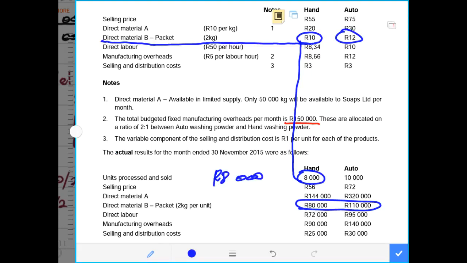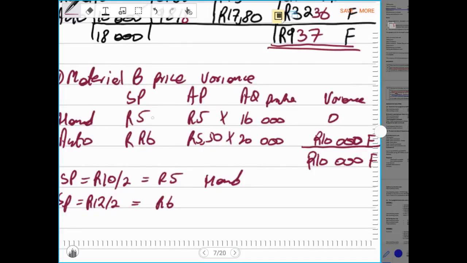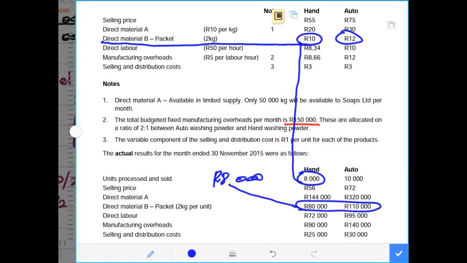That will be the standard cost. Then we say 80,000 minus 80,000, the variance will still be 0, and we can see the variance here was 0 too, which is 5 minus 5, 0. So either way you took it, from the total or from the per unit, you still get the same answer.